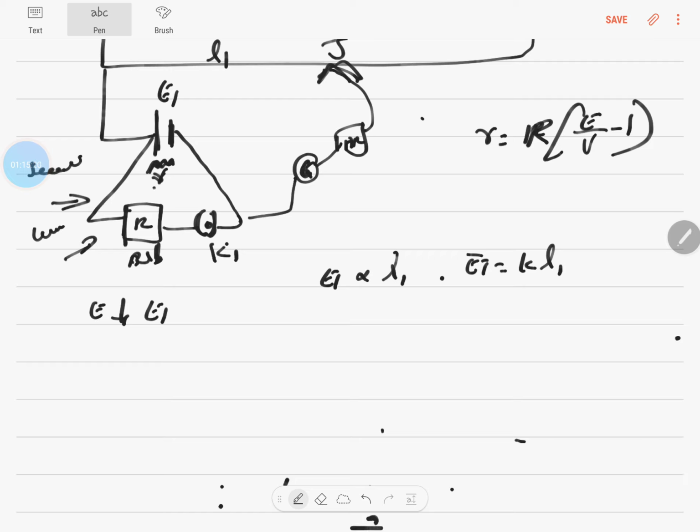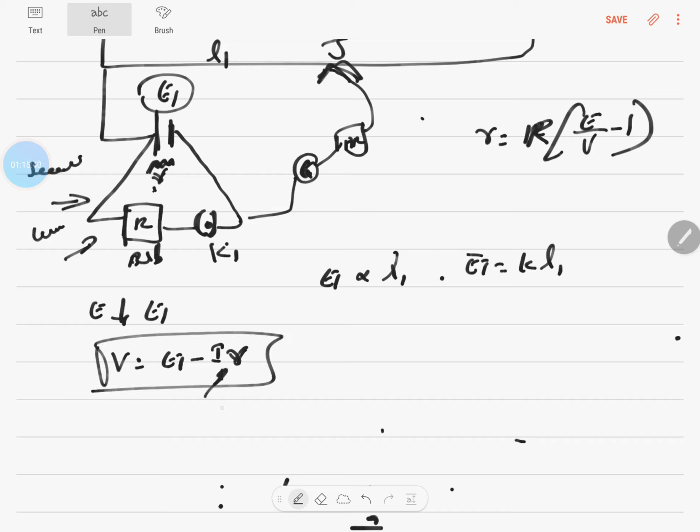Within this circuit there will be a current, at which time the internal resistance shows its head, and so E1 will drop down further, because you know V is equal to E1 minus Ir, when the current starts flowing in.